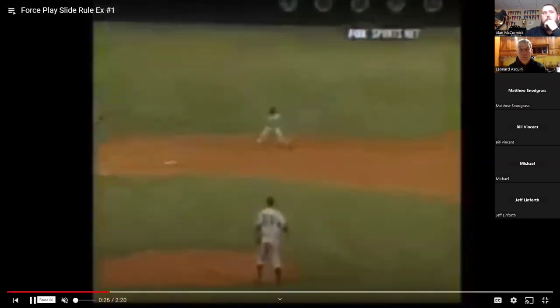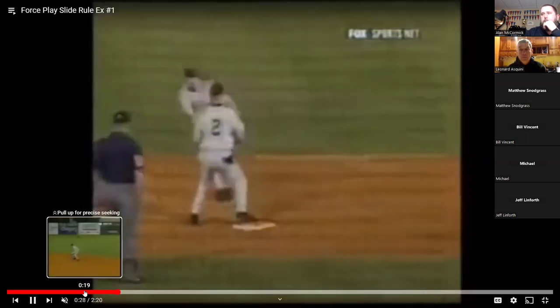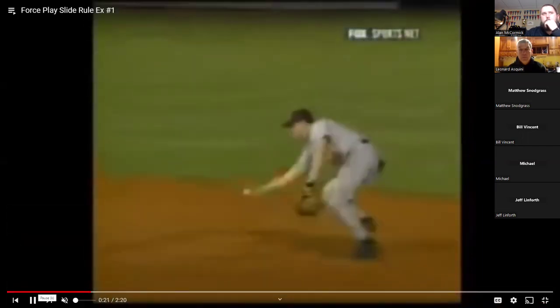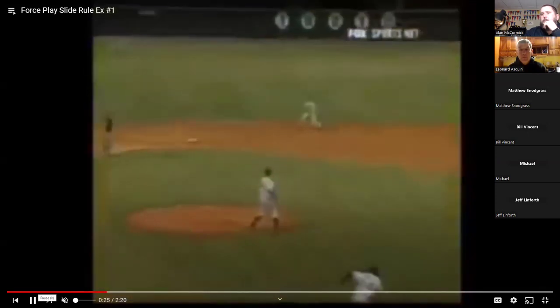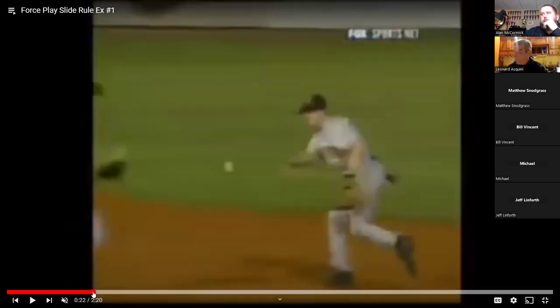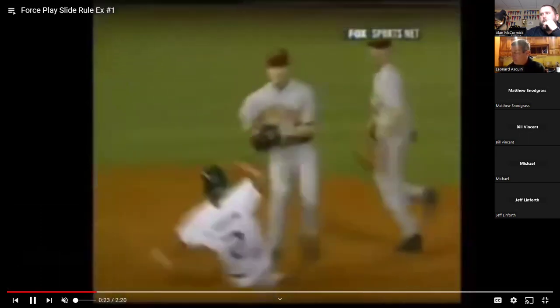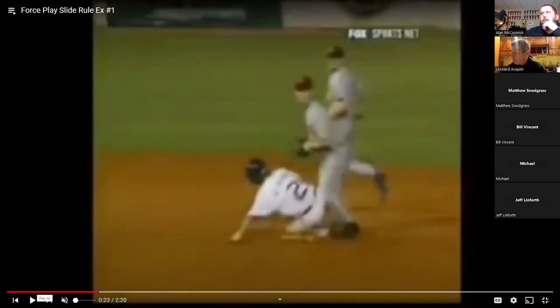Yep. So ultimately, where does that contact happen? I think this is the better look. Yep. So if you see it, see if I can pause it in the right spot. Yep, that shortstop is on the outfield side of second base.